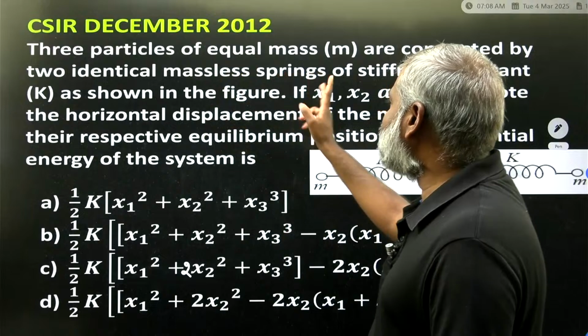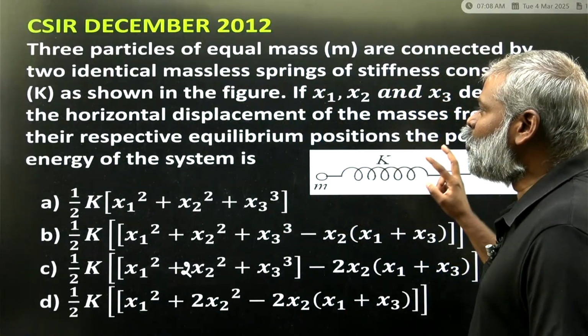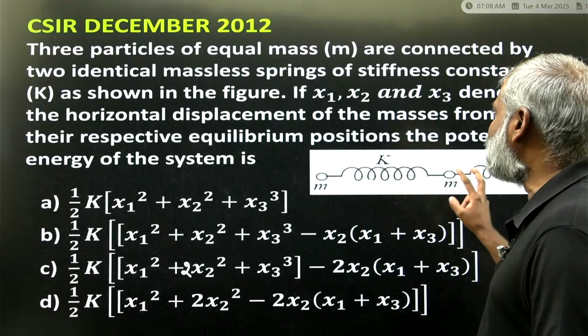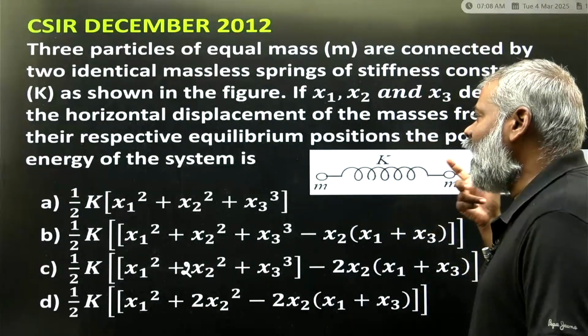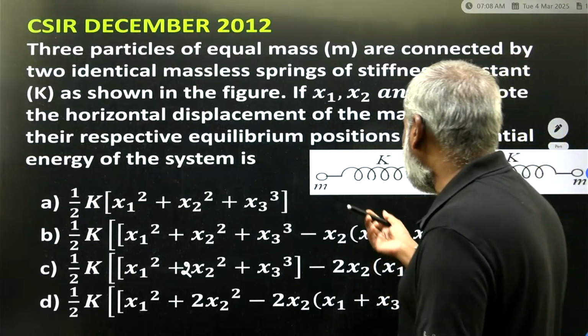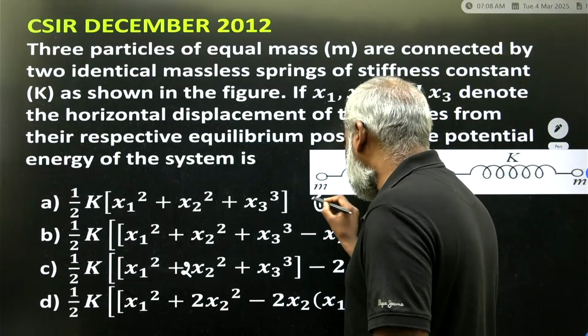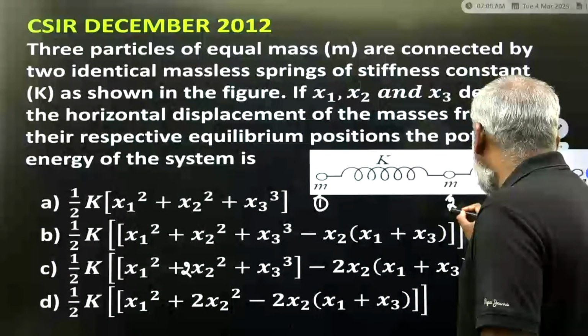Three particles of equal masses are connected by two identical massless springs of stiffness constant K as shown in the figure. This is the first particle, this is the second, and this is the third.